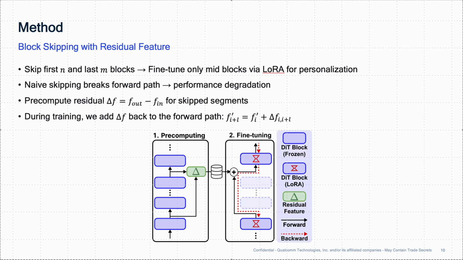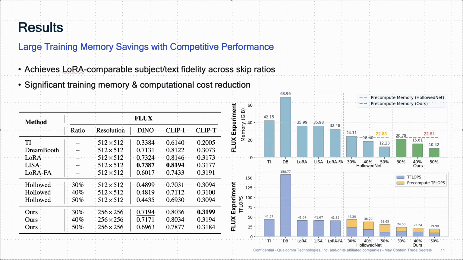To fix this, we pre-compute residual features for skipped segments, delta f, and during fine-tuning, we add the residual features back to the forward pass so the model effectively approximates the skipped computation. This allows us to offload skipped blocks to reduce parameter memory and reduce optimizer state memory since only selected LoRA modules are trained.